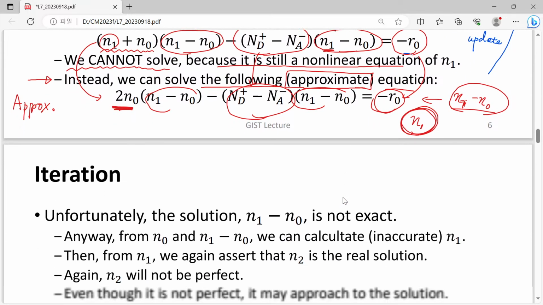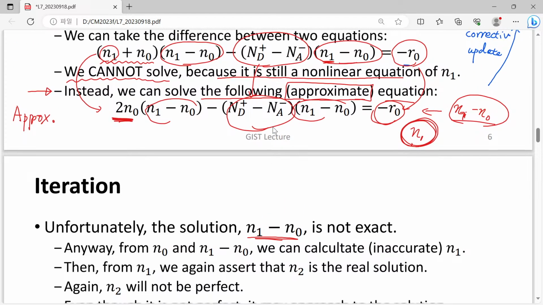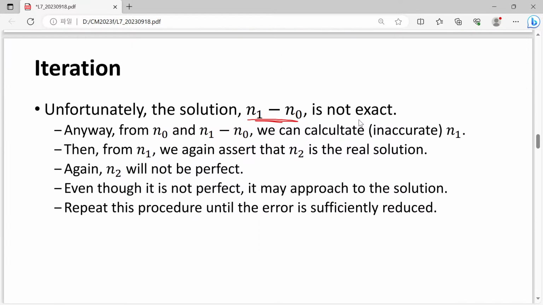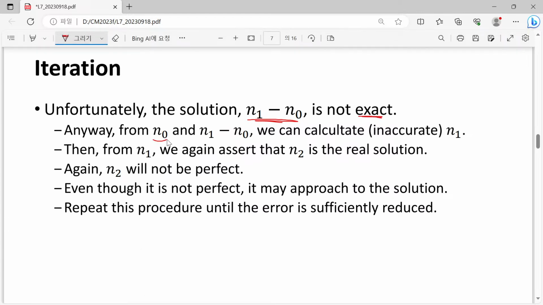So that is our hope. Unfortunately, when we calculate n1 minus n0 by solving this last approximated equation, our solution is not exact. But anyway, from n0 and its update quantity, we can calculate an updated n1, although inaccurate.